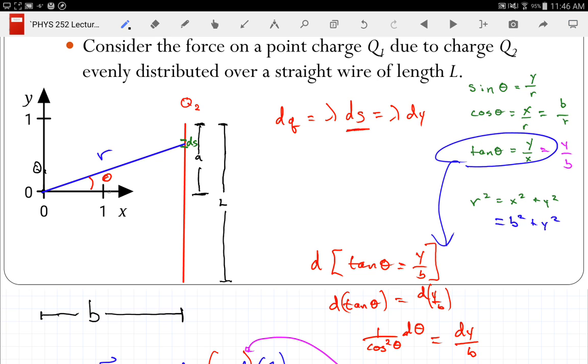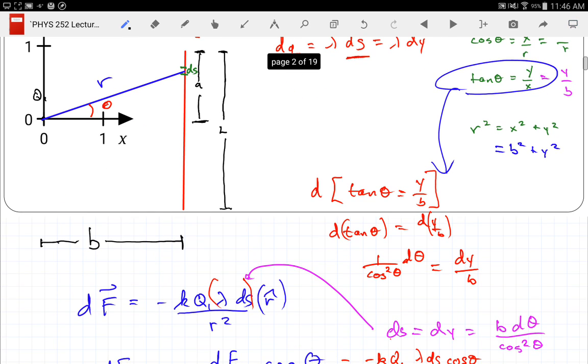Right, because one of them is going to be a over, well, actually it's not that simple. It's a over the square root of a squared plus b squared. Right, because sine is opposite over hypotenuse. So I'm going to have sine theta initial is equal to a over square root of a squared plus b squared.